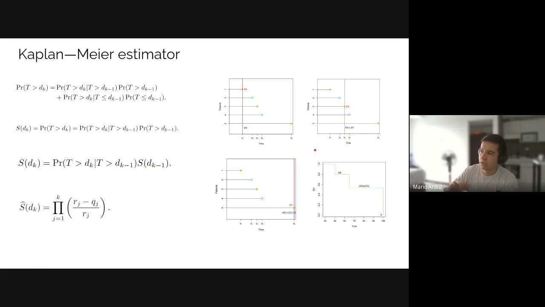They subtract the number of people that died in the next step and divide it by the ones that were truly alive at the previous one. With this, we are going to get a step function like this that provides us an estimate of the probability of a person being alive after this period of time.